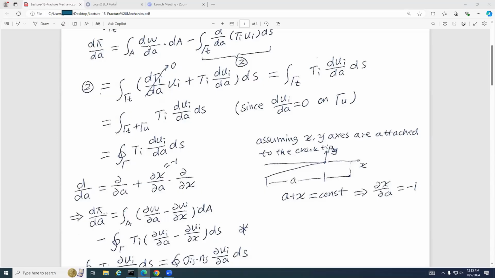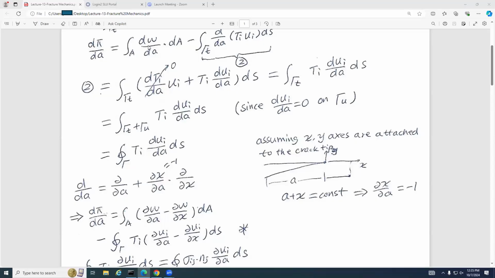And so this is our first term, dA. Then minus, so this is the second term, we just simplify. The second term equals this ti dui dA, also ui, okay? And we put this ui here.